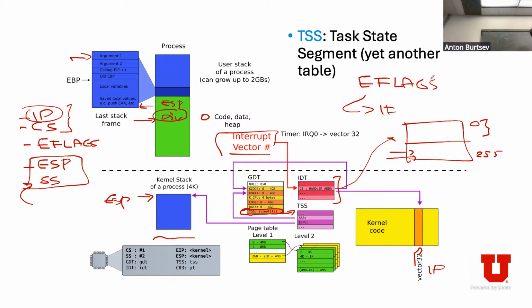And as part of this transition, remember I said that you can configure the entry in the interrupt descriptor table to say when you go through this entry, either disable subsequent interrupts or not. And so you don't know the value of this bit in the old E flags register, because it's gone. You say, look, I disabled it, but you don't know whether it was enabled before or not. You can ask yourself a question, damn it, if it was disabled, how was it even triggered, right? So what's the answer here?